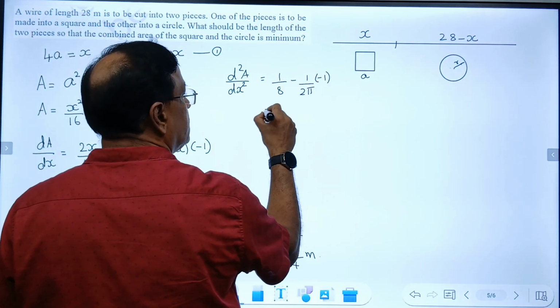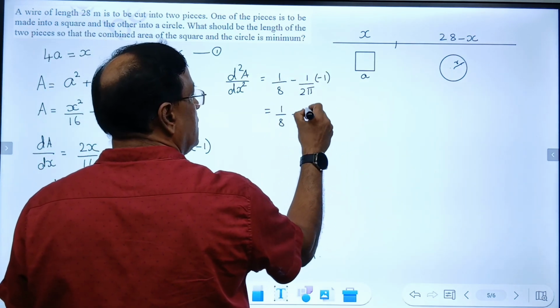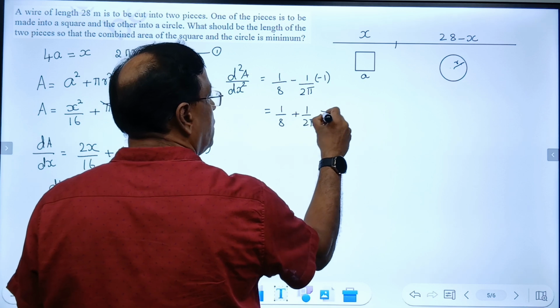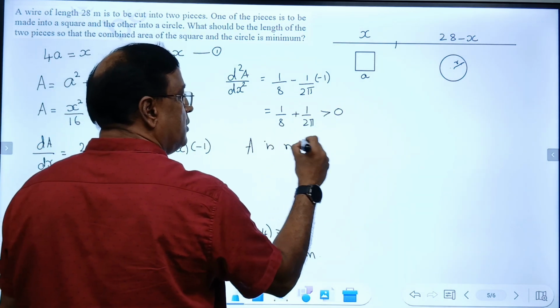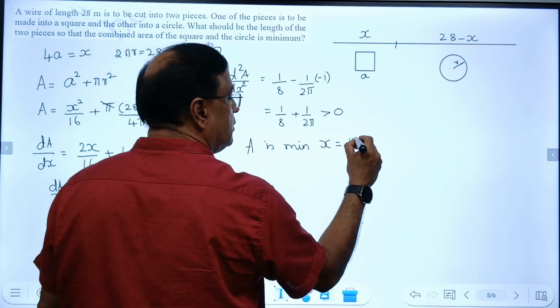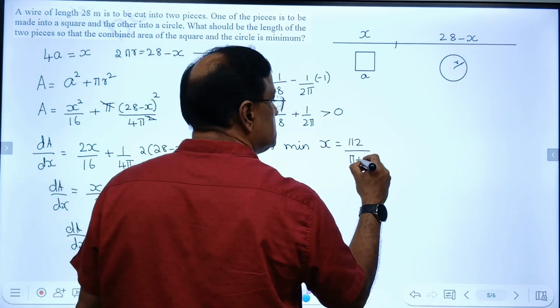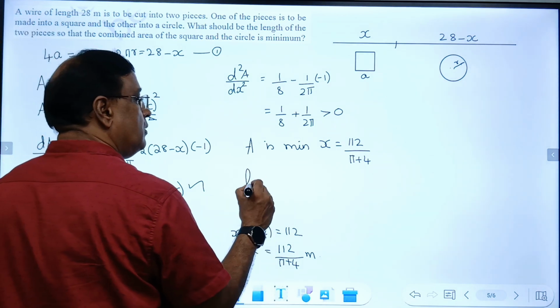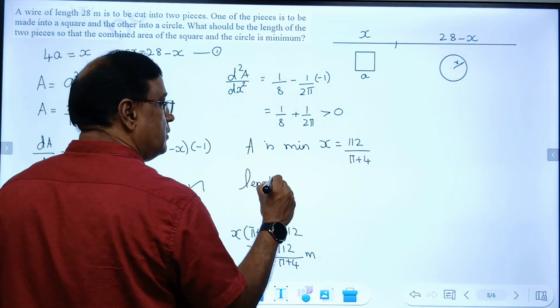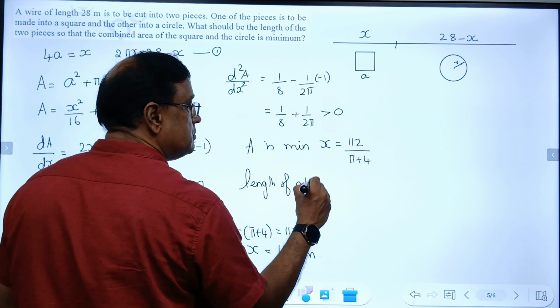So obviously this is 1 by 8 plus 1 by 2 pi, which is positive. This shows A is minimum when x is equal to 112 by pi plus 4. Now I want to find the length of the other piece. Okay. So what will be the length of the other piece?